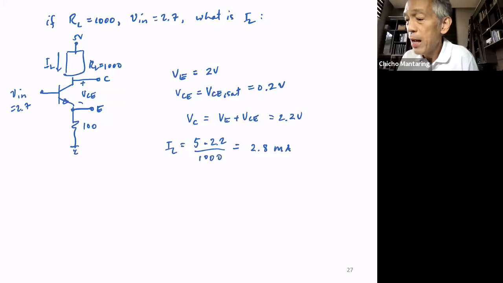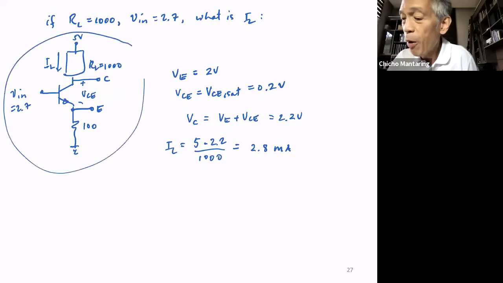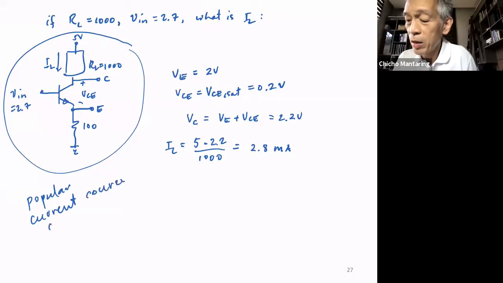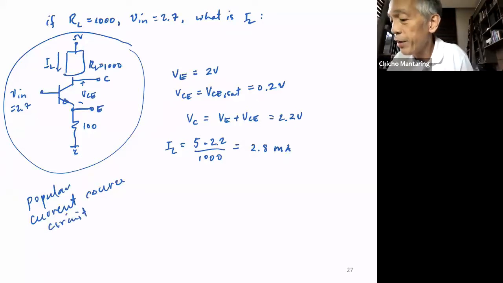Actually, itong circuit na to, this is a popular current source circuit. Let me redraw it.